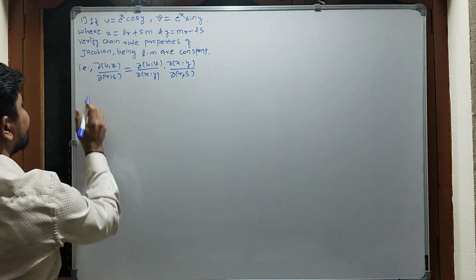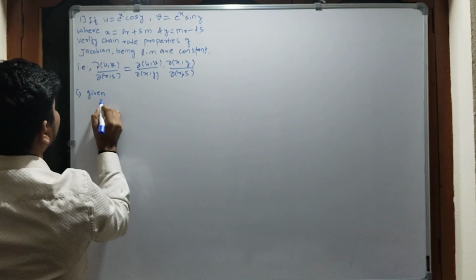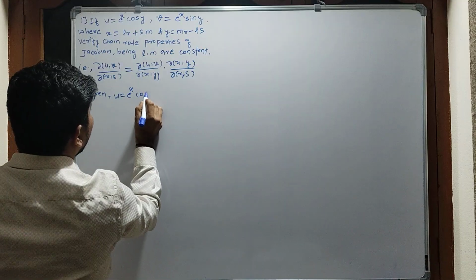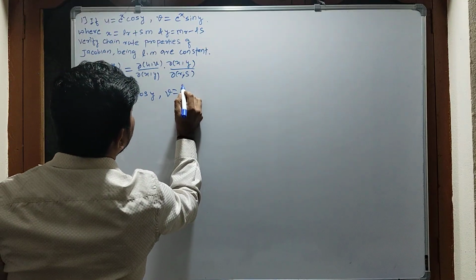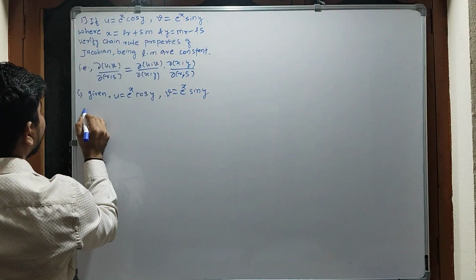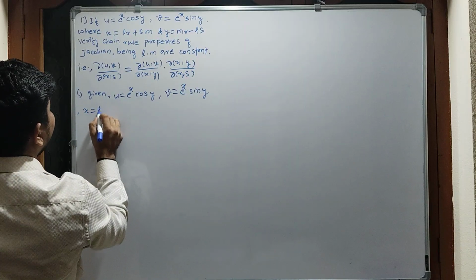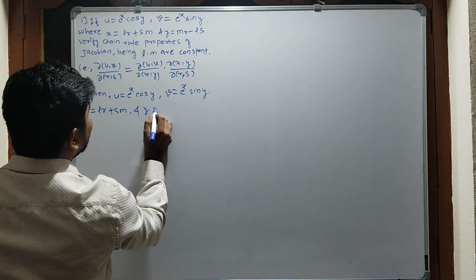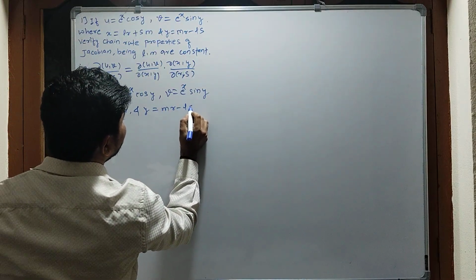So given u equals e to the power x cos y and v equals e to the power x sin y, with x equal to lr plus sm and y equal to mr minus ls.